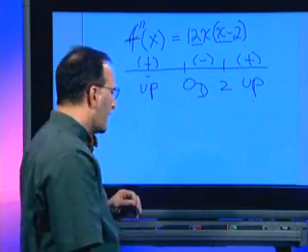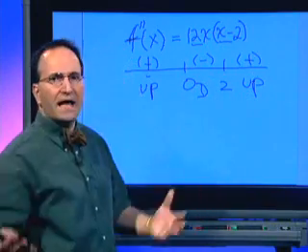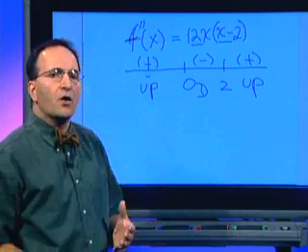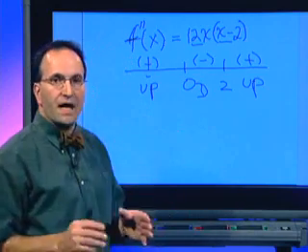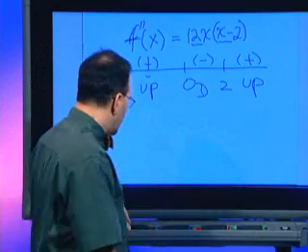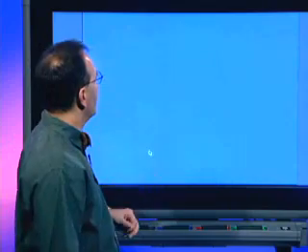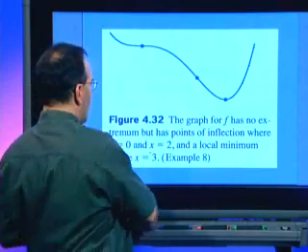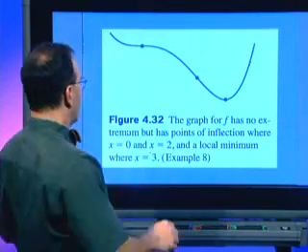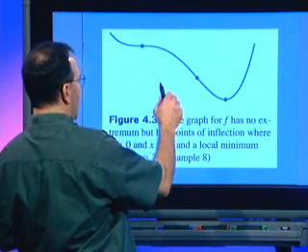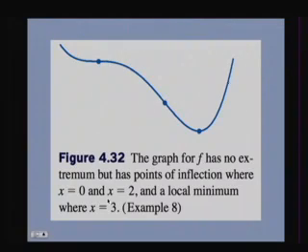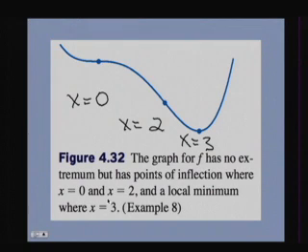Okay, so now taking all of that information together, we know that we have certain points that we want to graph, and let me show you what a possible graph would be for this. Remember that we had those three particular values. We had x equal to 0, x equal to 2, and x equal to 3.